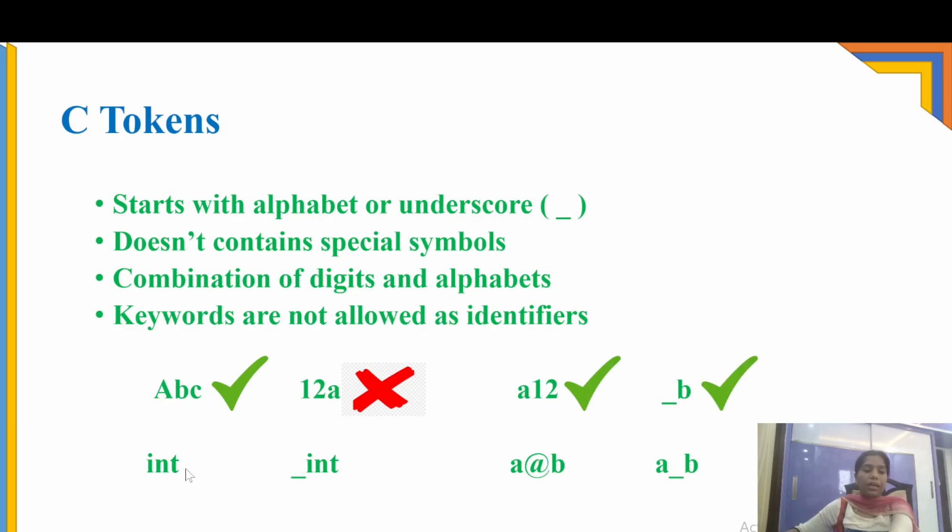Next, int is a keyword, so it cannot be an identifier. Underscore int is not a keyword, because it is starting with underscore, so it can be an identifier. Next, a at the rate of b. At the rate is a special symbol, so it cannot be an identifier. Next, a underscore b can be an identifier because underscore is allowed. So these are the different rules for naming a variable or identifier.